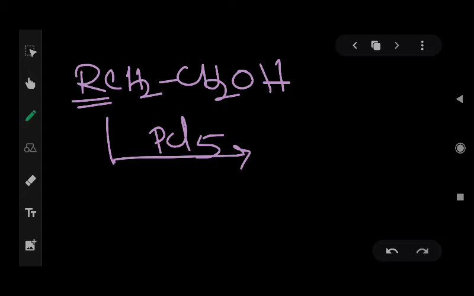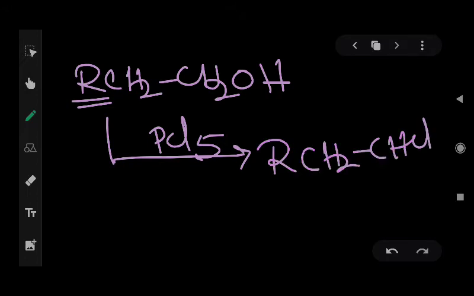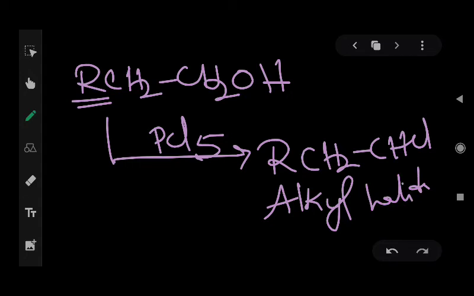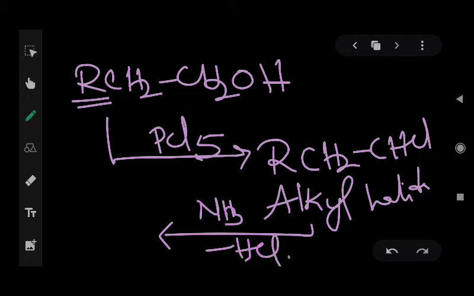In presence of PCl5, we are making alkyl halides. We are adding halogen, that's why this is alkyl halide.